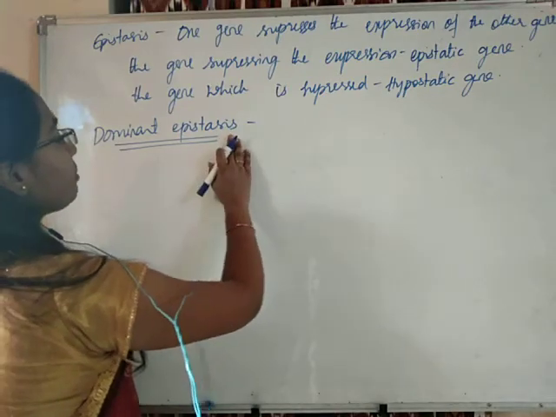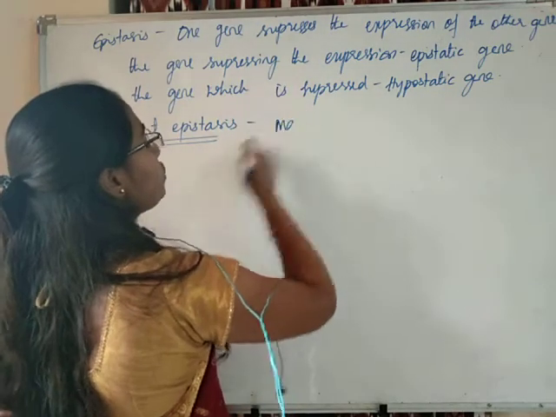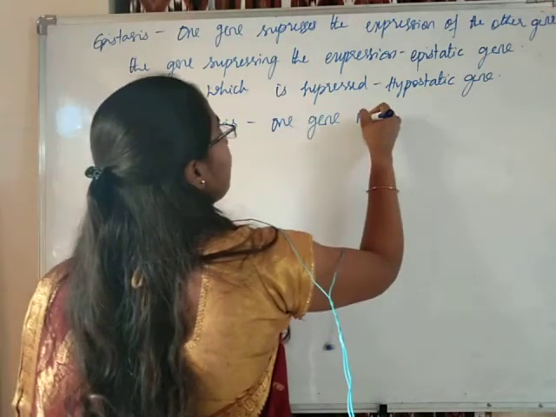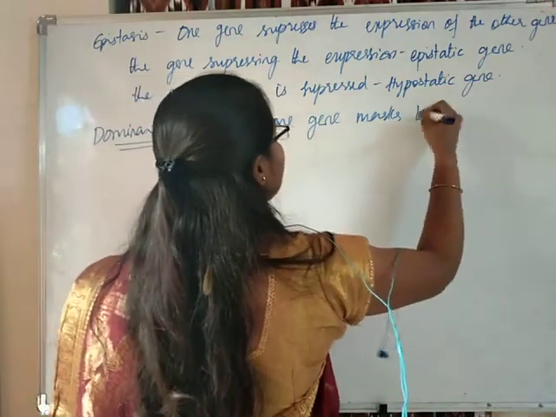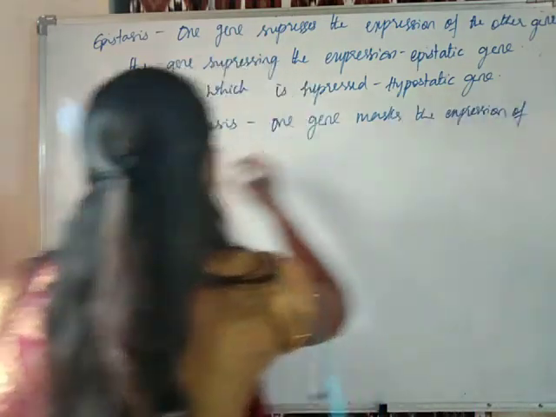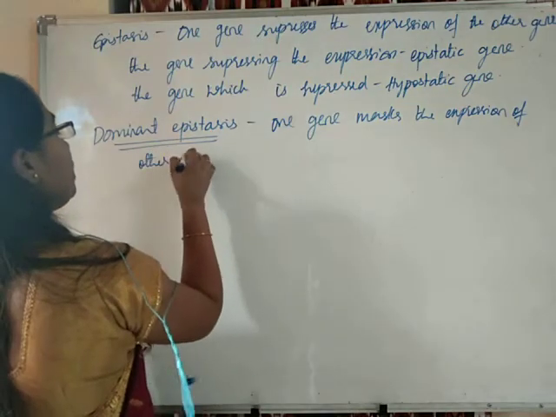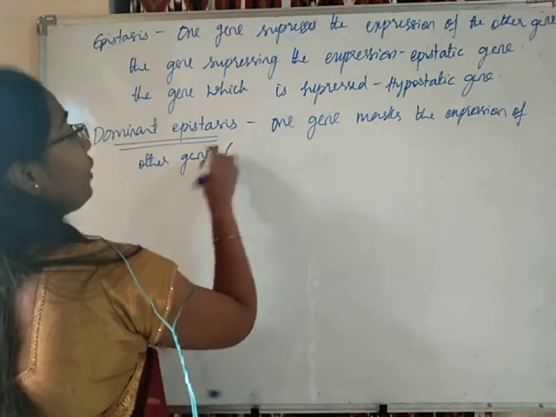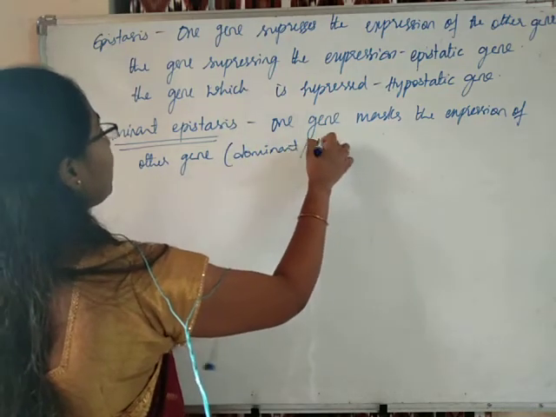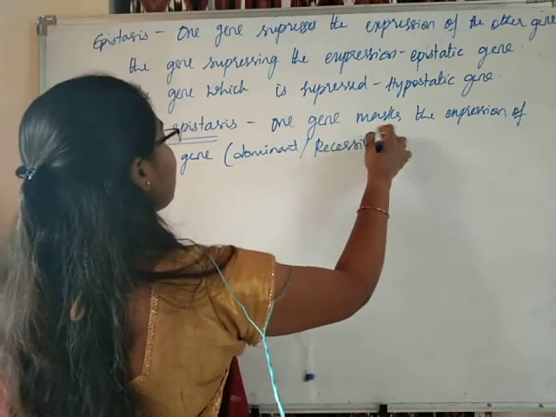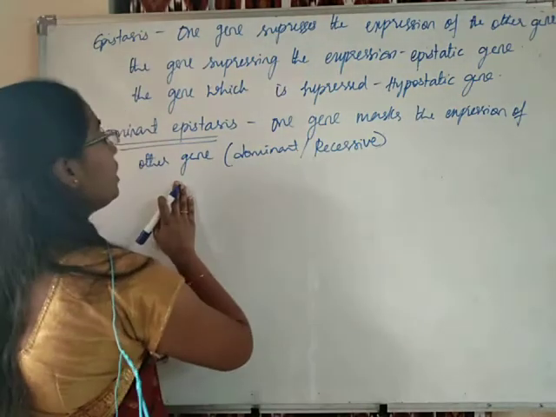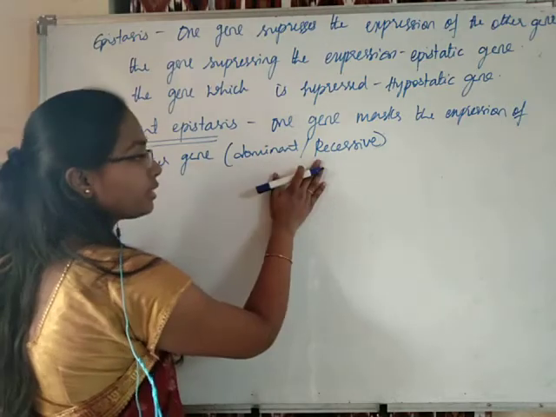Okay, so dominant epistasis masks the expression of the other gene, whether it is dominant or recessive. One gene masks the expression of the other gene, and it may be either dominant or recessive.